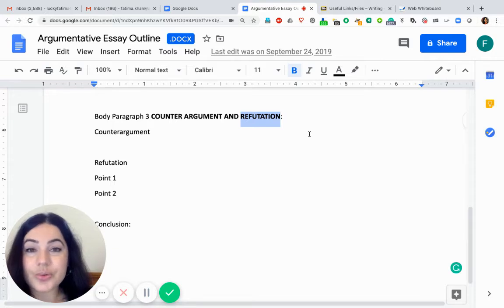So you write the counter-argument, 2 or 3 lines showing the opposite side's opinion, and then you write the refutation, where you argue against the counter-argument and you switch back to arguing for the original thesis.